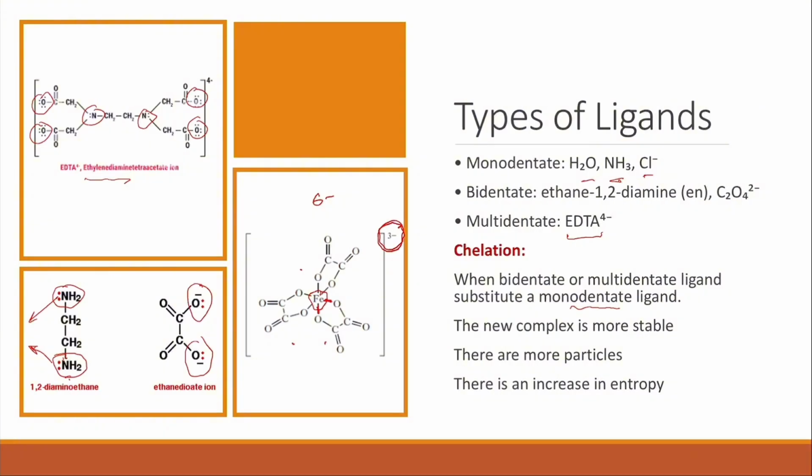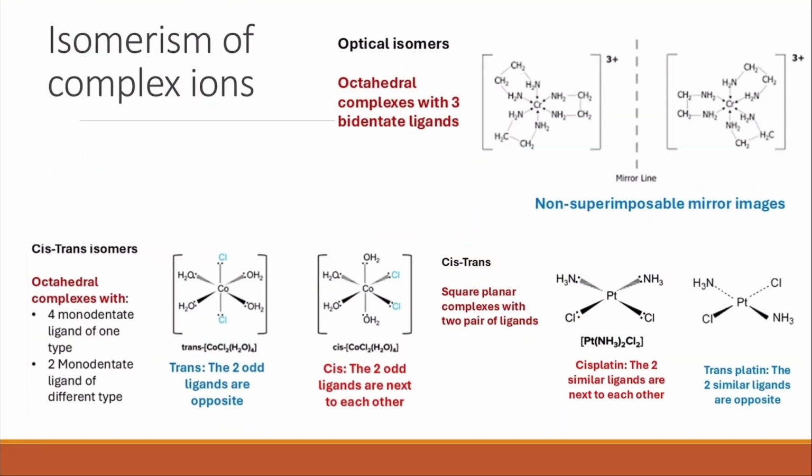So basically, if you are replacing the six water molecules surrounding an iron with EDTA, then you are moving from having two particles on the left-hand side into having seven, because there is now the complex ion and six water molecules. So there will be an increase in the entropy, or the entropy change will be more positive. So this is why it's more stable.